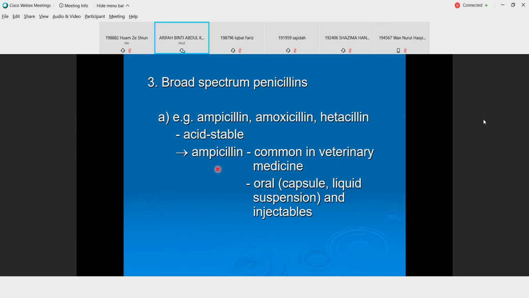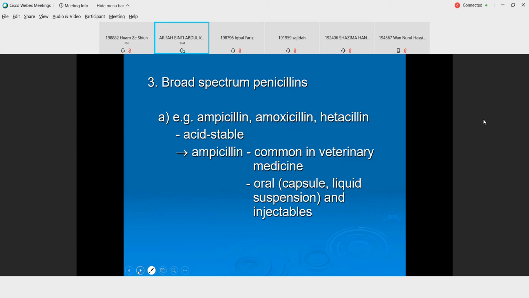Betamox contains amoxicillin. It's not penicillin, it's actually amoxicillin, but they're in the same group. They're available in oral and injectable forms. For oral, we have capsules and liquid suspension, and the others would be for injectable.